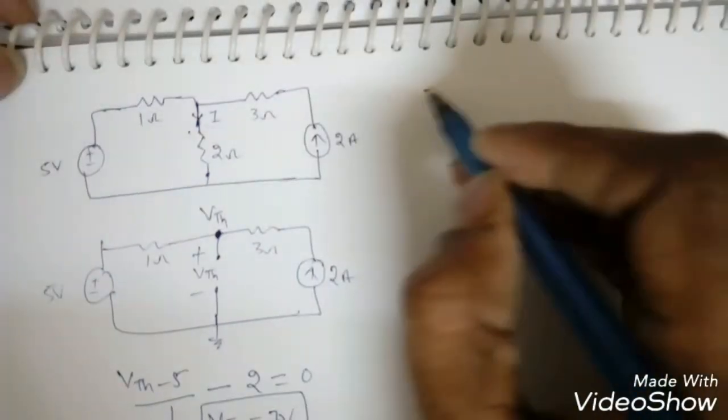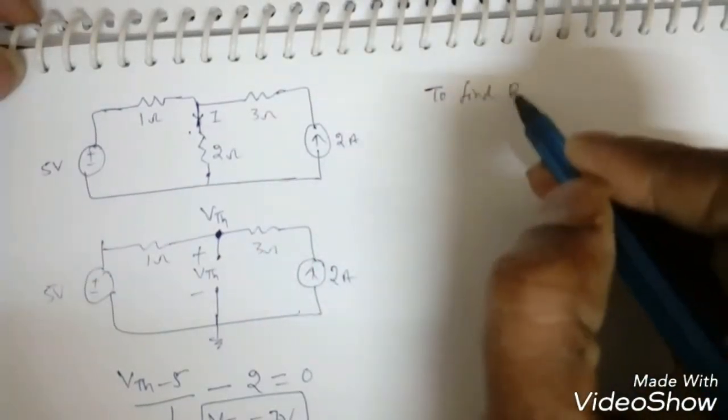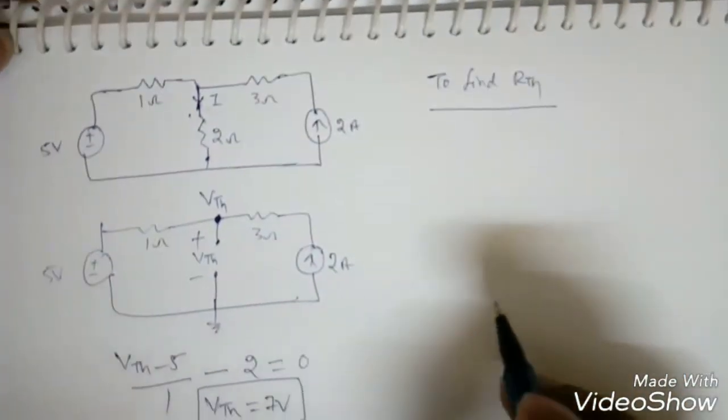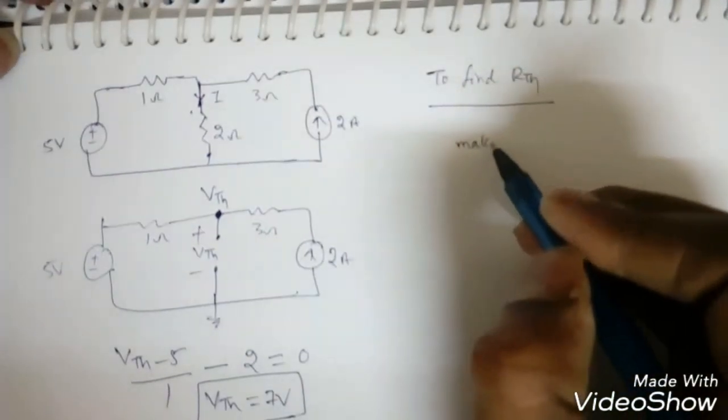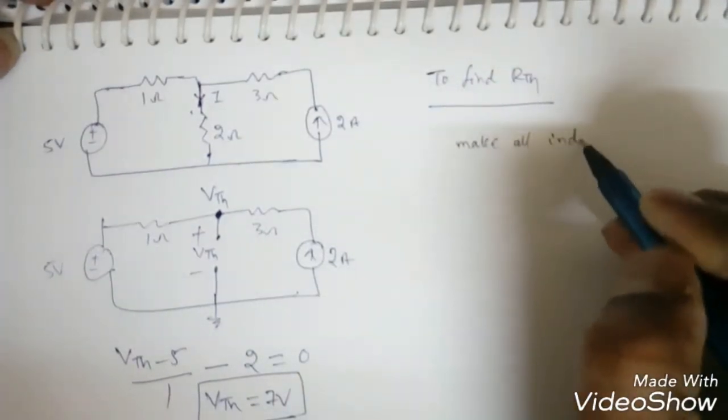Now to find RTH, make all independent sources 0.